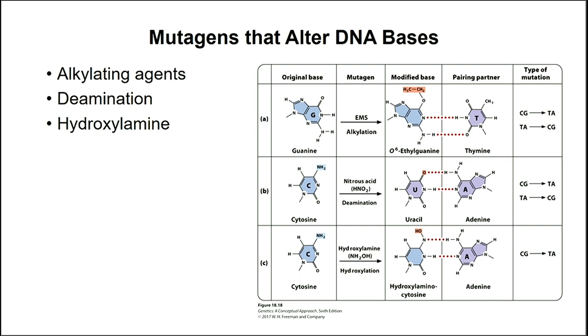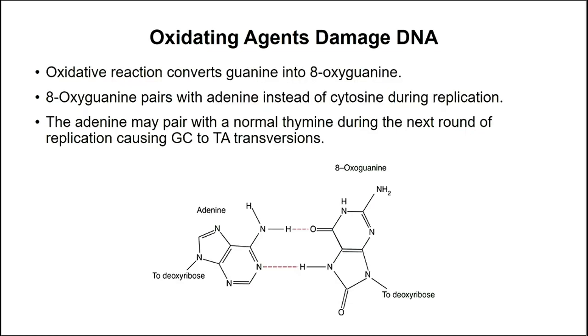And hydroxylamine changes a cytosine to a hydroxylaminocytosine, right? Cytosine normally pairs with guanine, but hydroxylaminocytosine pairs with adenine. So now we can create a CG to TA change. Oxidating agents: the oxidative reaction converts guanine into 8-oxyguanine. 8-oxyguanine pairs with adenine instead of cytosine during replication.